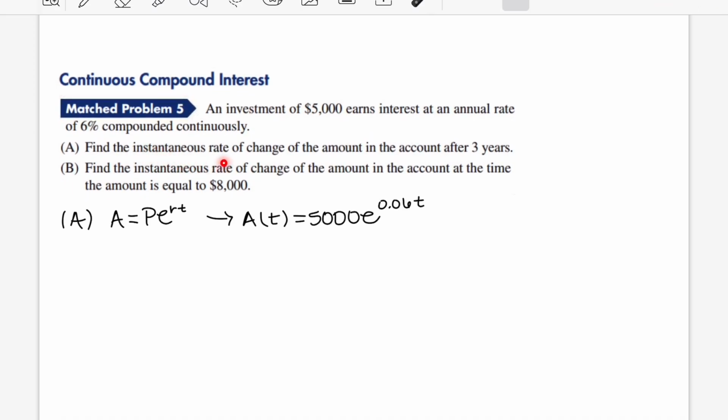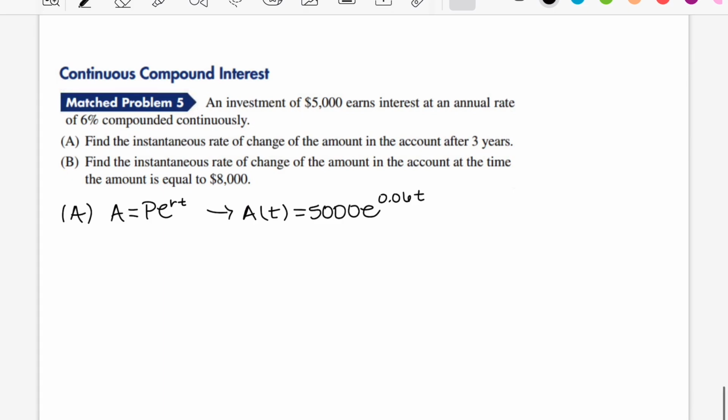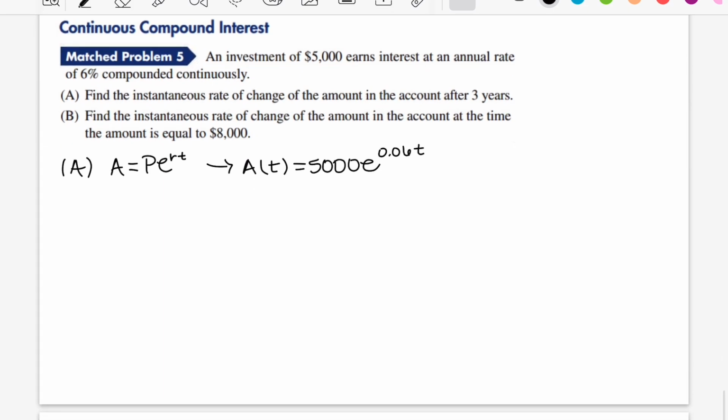Now the question asks for the instantaneous rate of change, so we're going to be looking at the derivative. And something to note here, e to the power 0.06 is just a constant. So we're going to let that equal b, and you'll see why in a moment.